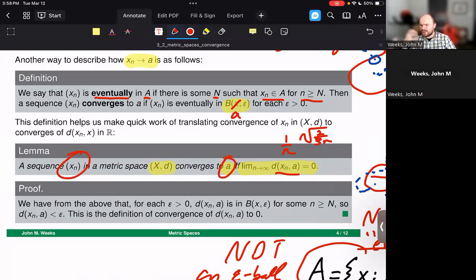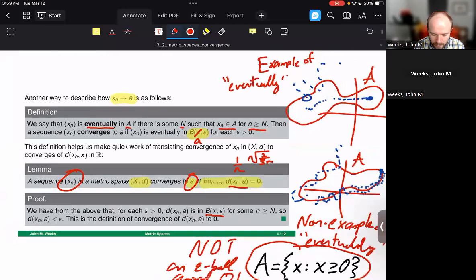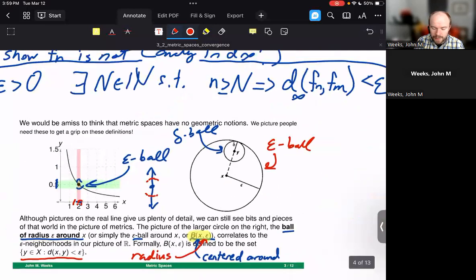And this lemma becomes to me a lot more clear to see once you get this notion of epsilon balls involved. So we have from the above that for each epsilon greater than 0, d(X sub n, A) is inside of the ball around A of radius epsilon. That's what it means to be inside of there. So one way to think of it is that if the limit as n goes to infinity of d(X sub n, A) is equal to 0, well, eventually it's going to be less than epsilon.